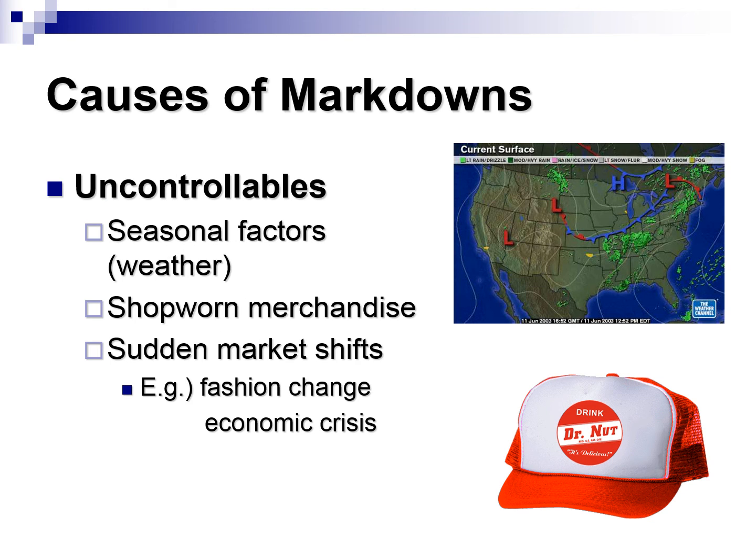Of course, even if there was nothing wrong with the buying or operations or pricing or any of those aspects, sometimes we still need to take markdowns because there are some uncontrollable factors that affect sales and slow them down, so that we have to use markdowns to get rid of slow sellers.